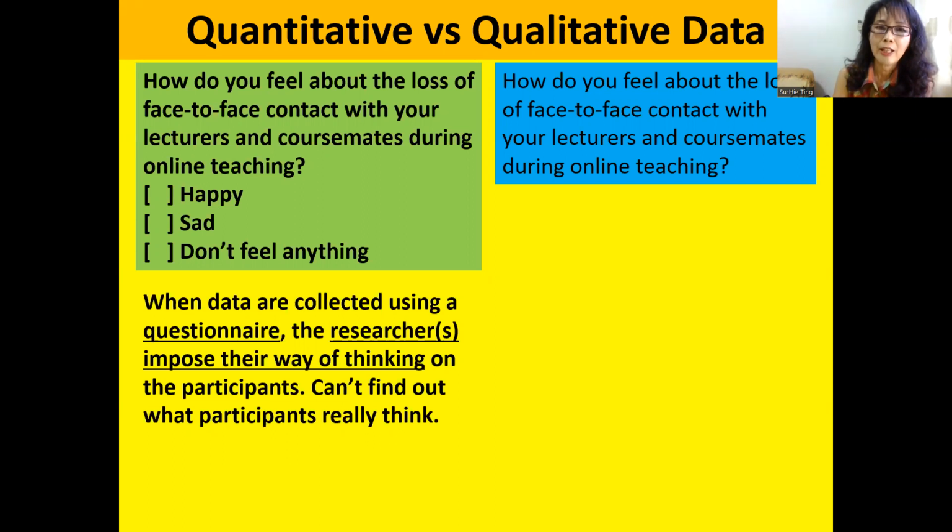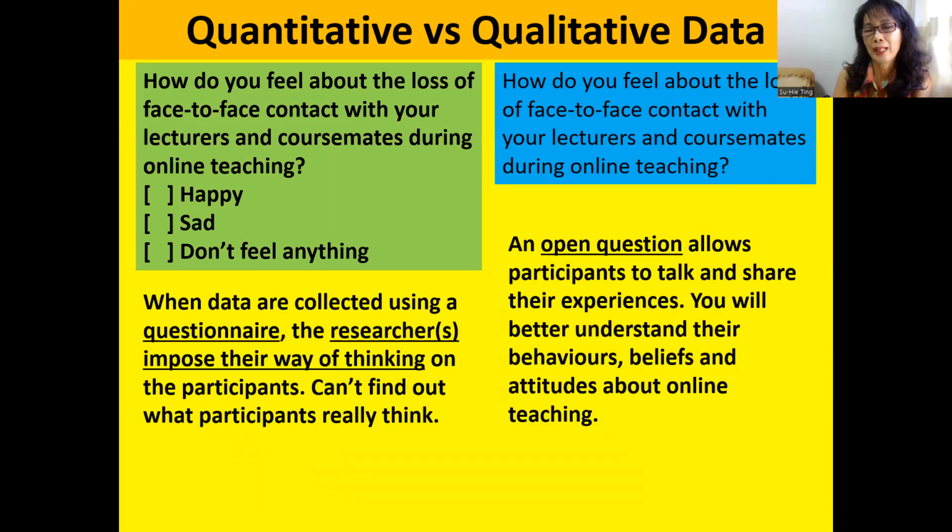So in the questionnaire, very often the researcher imposes their thinking on the topic or on the items. They suggest to the participants, you either feel happy, sad, or don't feel anything. Through this method, we can't really find out what the participants really think or feel.